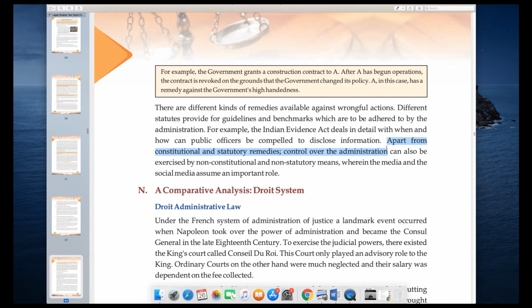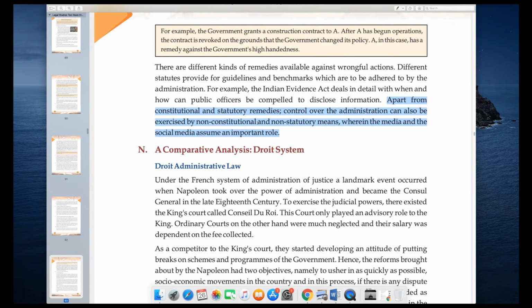Apart from constitutional and statutory remedies, control over the administration can also be exercised by non-constitutional and non-statutory means, wherein the media and social media assume an important role. So here we have this aspect covered too: some action doesn't fall within the constitutional framework but is not reasonable.